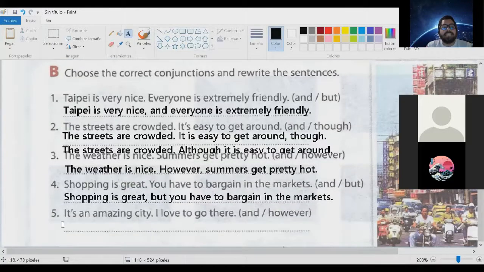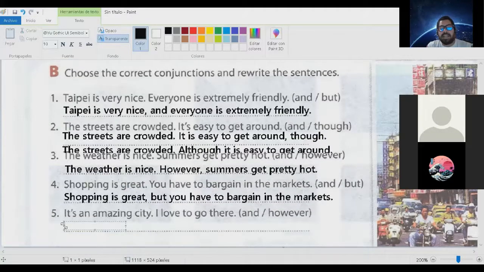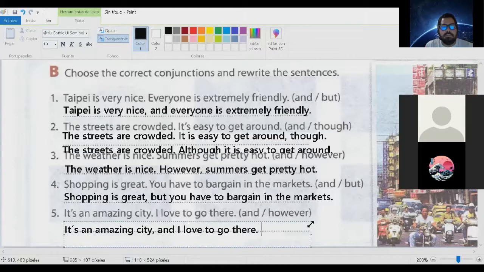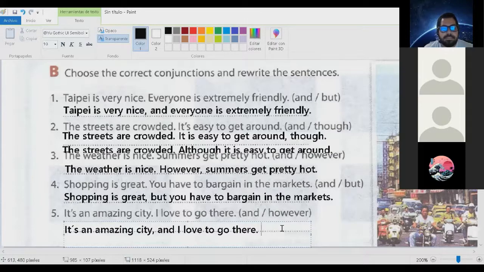The last one, guys. Mati, what do you have in this one? And or however? And. Okay, it's an amazing city. I love to go there. Hey, Yolani, what do you have in that one? However.